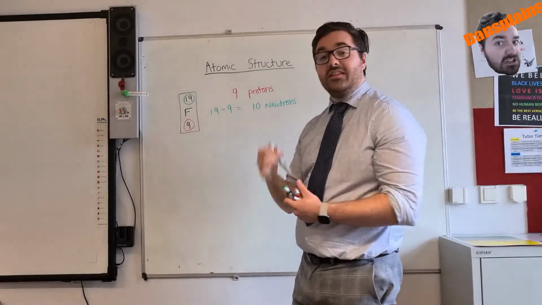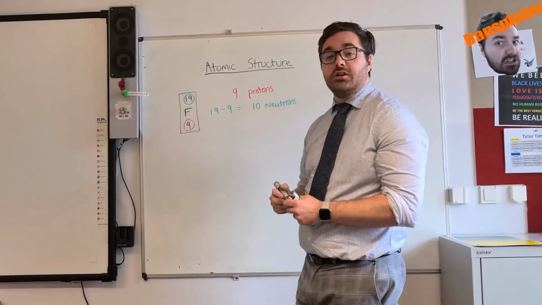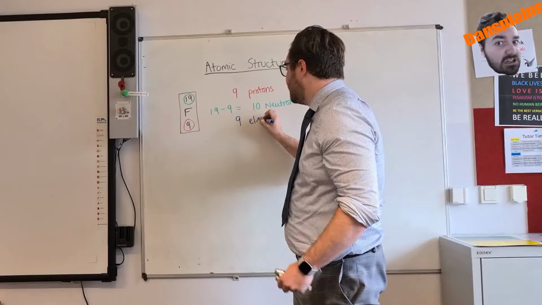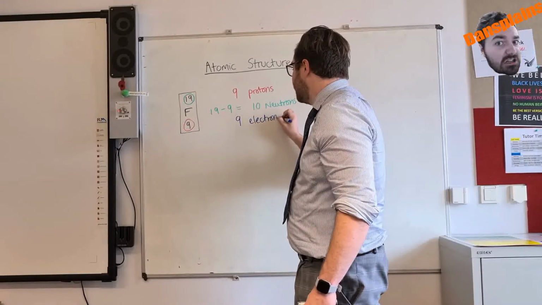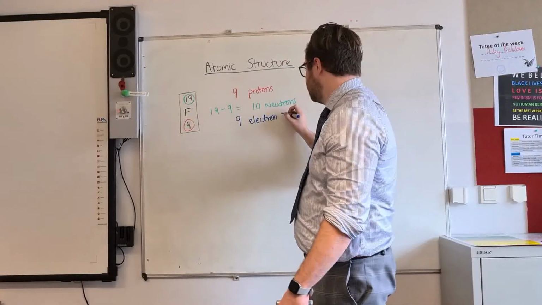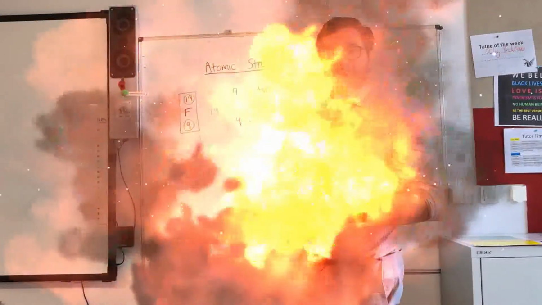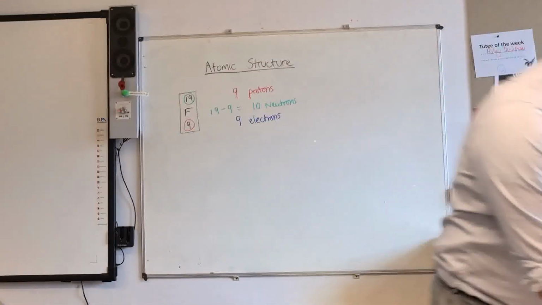Now, because this is a stable atom, it has a neutral charge, I need to have 9 electrons to balance out my positive proton charge. Cool.